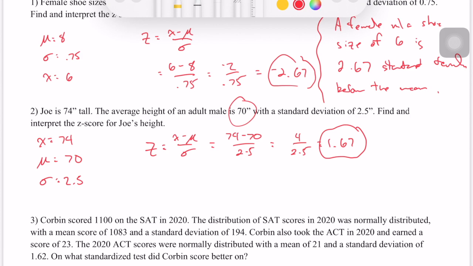So, is he above? Yes. How much? Joe is 1.67 standard deviations above the mean. Include context: height of adult males.